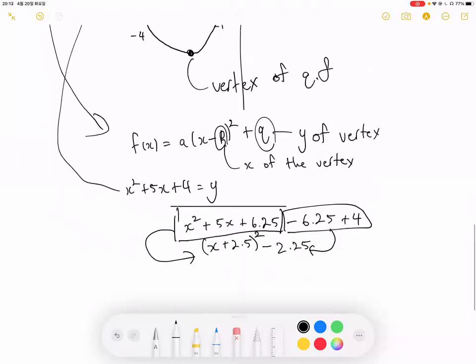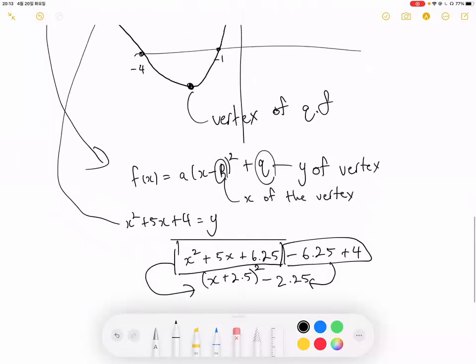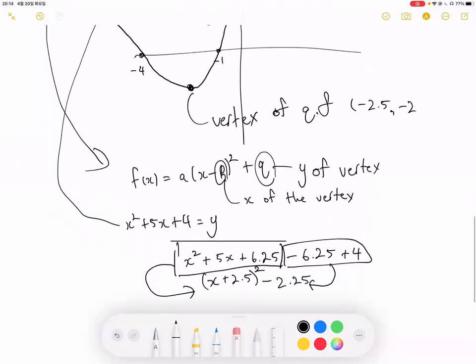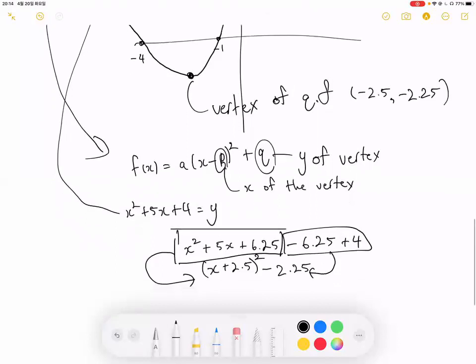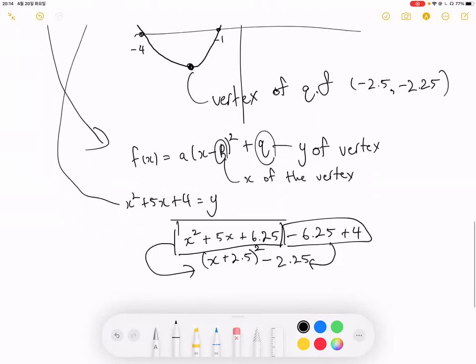Since we figured this out, we now know the coordinates of the vertex, which is negative 2.5, comma negative 2.25. You might wonder why this is negative. Here p has a negative sign in front of it, and here it is positive, so we have to pretend there's a negative of 2.5, which means the x coordinate is negative 2.5.